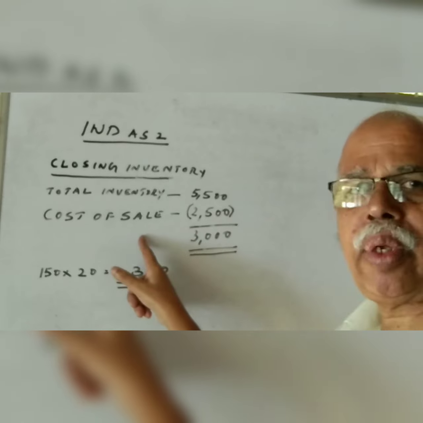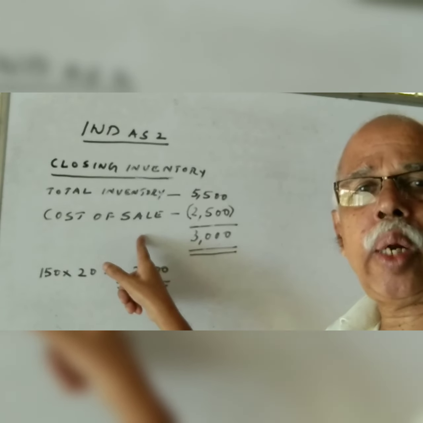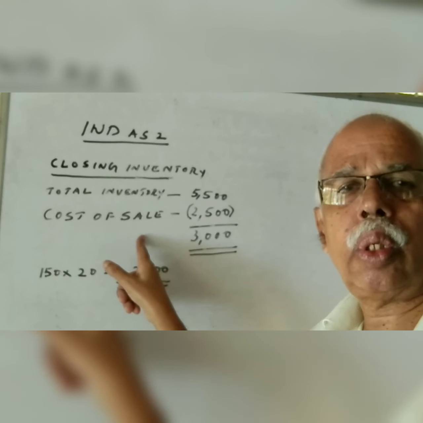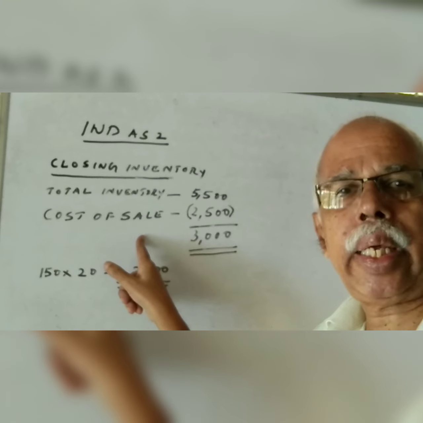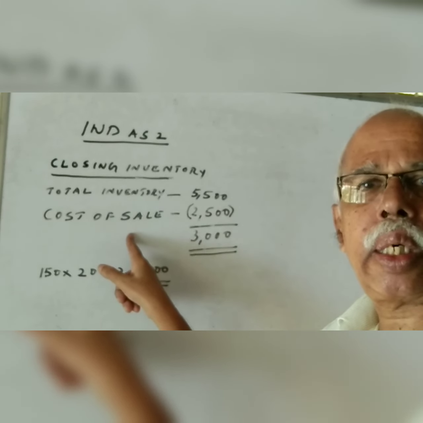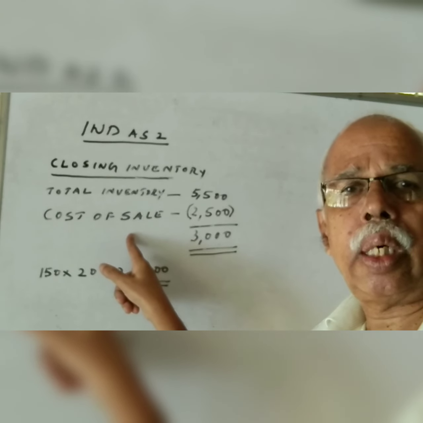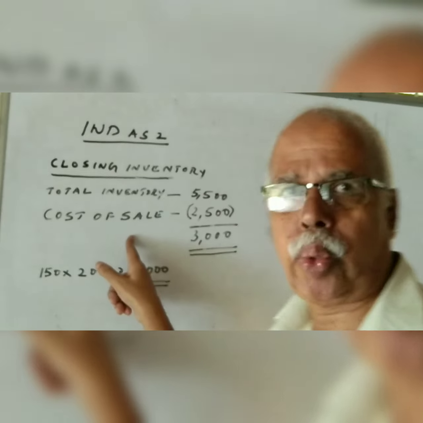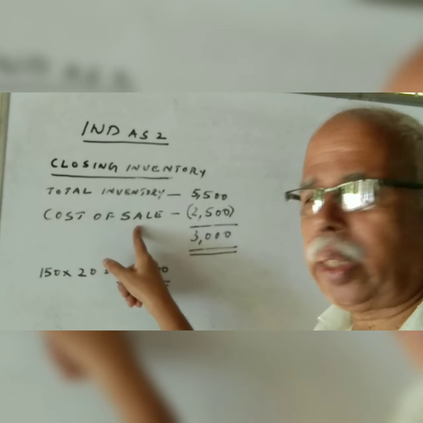There is another way of doing it. We had an opening stock of 100 units of Y item. We sold the entire 100 units. The purchases during the year were 200 units at rupees 20 per unit, out of which we sold 50 units.